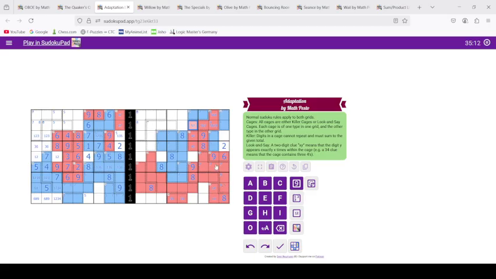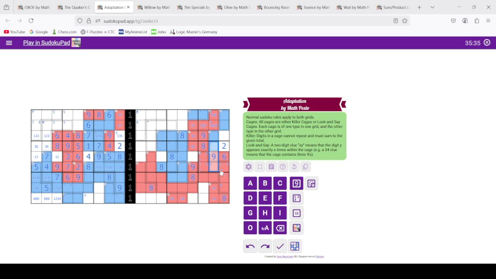1 and 4 have to go in this cage somewhere. Over there. Could have told that from that. Looking into the box. What else is there in this cage?